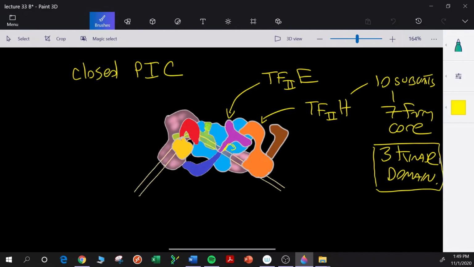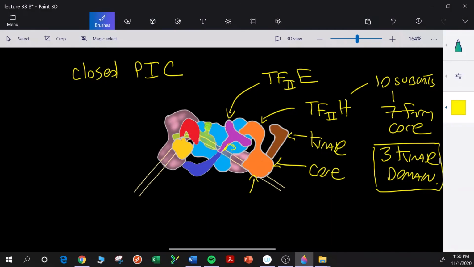It's involved in phosphorylating the C-terminal domain of RNA polymerase II. We'll talk about that later. This is the kinase domain, and this would be the core protein right here. The brighter orange is the core of TF2H. We can see it's interacting with TF2E, and it's bound to DNA upstream of the +1 site.